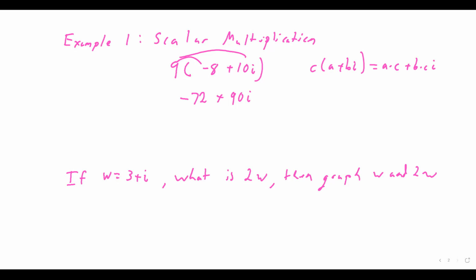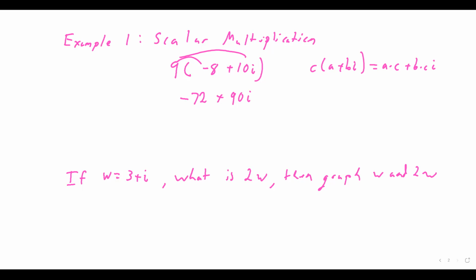All right. In the next part, I'll give a complex number a name, and I'll say W is equal to 3 plus i. Then I'll follow up with what is 2W. If I'm looking for 2W, what do you think I'm going to do with that complex number?